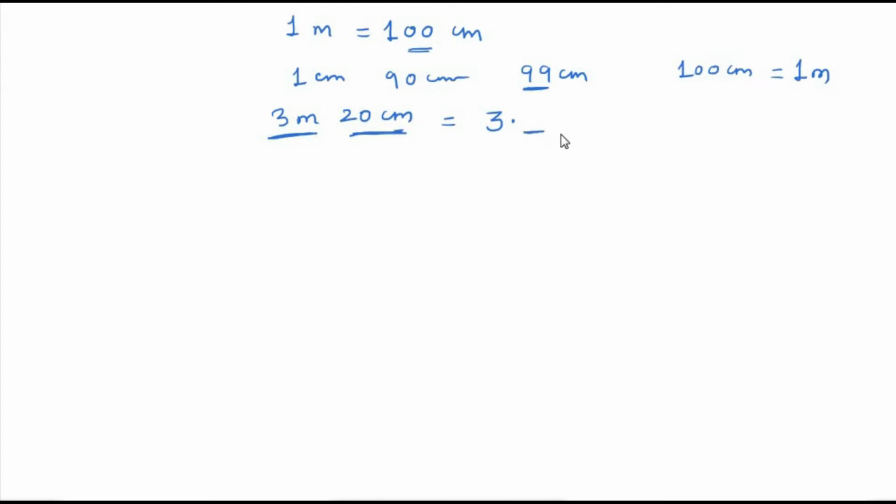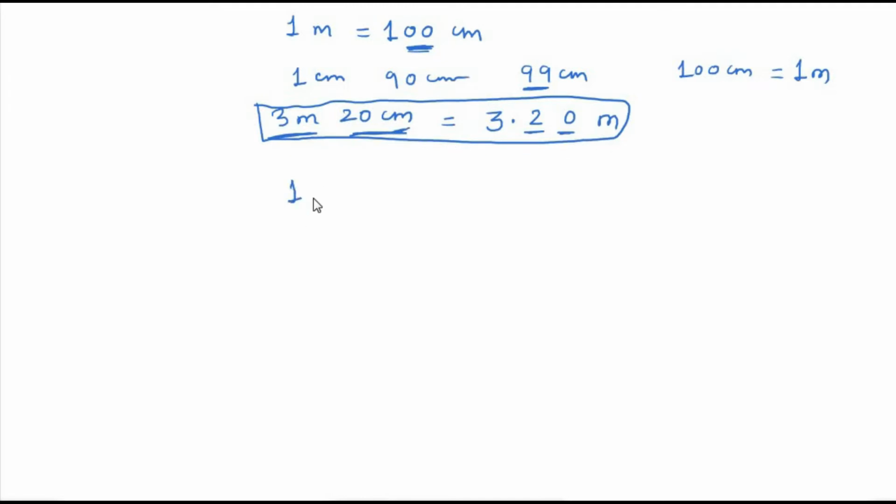We use 2 digits to represent the centimeter part. So we will write 20 here and then meter here. So 3 meter 20 centimeter is equal to 3.20 meter. Simply you can remember, here how many zeros are there? 2 zeros. So we use 2 digits to represent the centimeter.